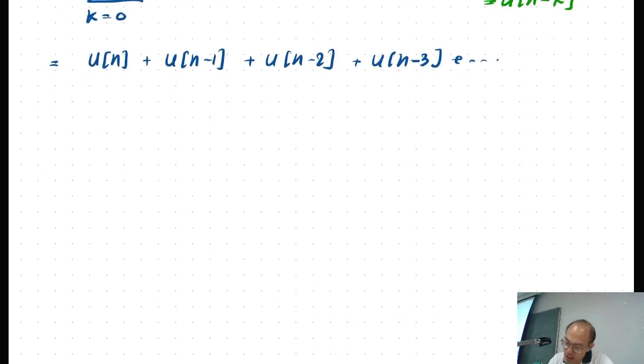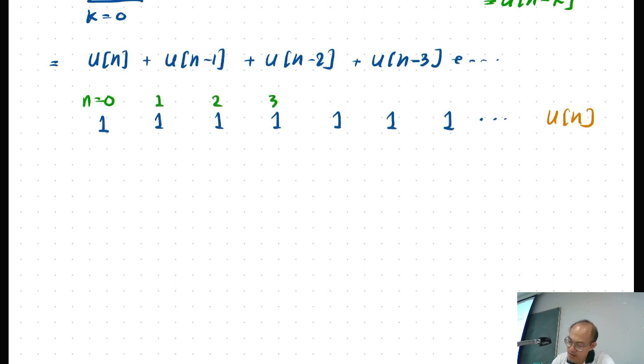So what is u[n]? u[n] is 1, 1, 1, 1, 1, starting from n equal to 0. Here n equal to 1, n equal to 2, 3, 4, 5, 6. So what is u[n minus 1]? It is 0 at n equal to 0, but starts from 1.